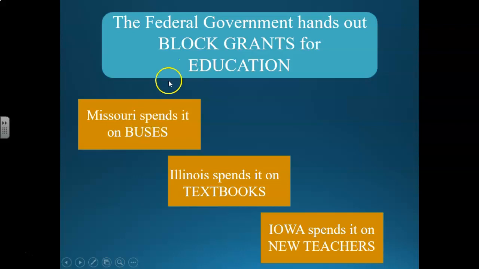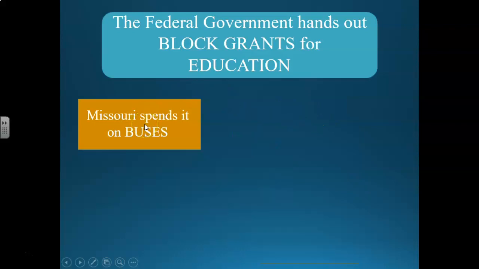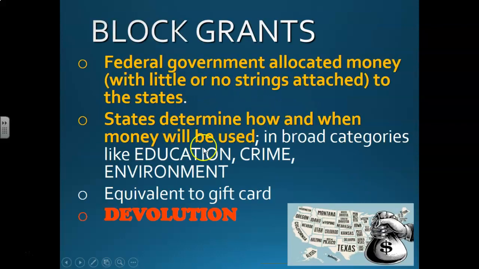But this gives states the flexibility to use it in different ways. And so that's why the conservatives liked it, because it actually empowered the states. And so this is an example of devolution, where the federal government is becoming less powerful, and that's a vocabulary word that you need to know.